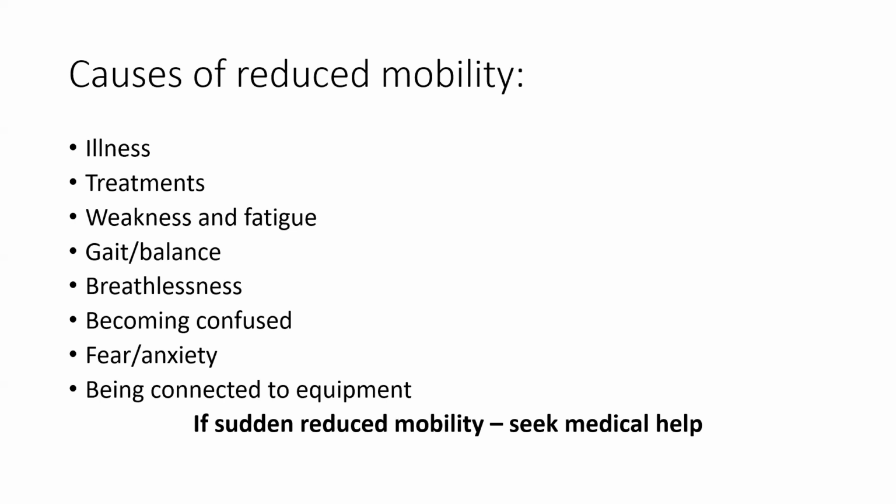So things like syringe drivers, or drips, for example fluids, or oxygen if they're attached to oxygen masks. And of course, that can reduce their mobility. And if a person experiences a sudden reduction in their mobility, then it's always advisable to seek medical help. So, GP or 111 or 999. If it's a sudden reduction in mobility, you need to get medical assistance for that.